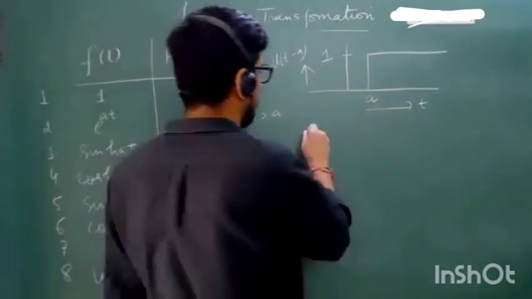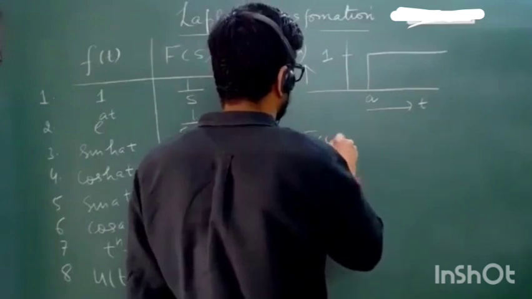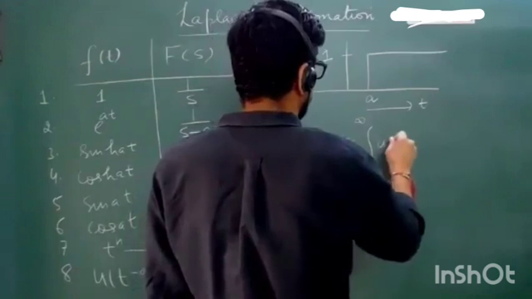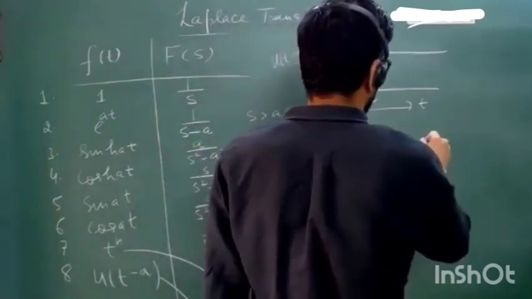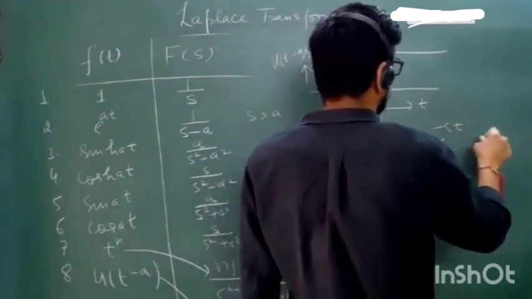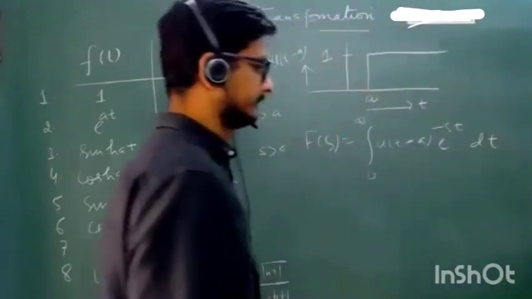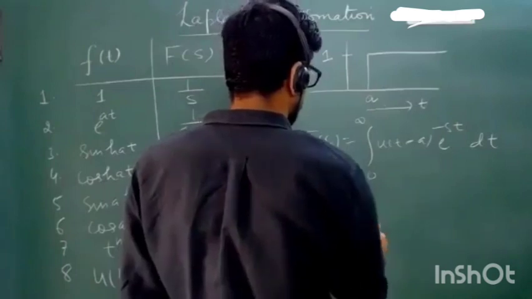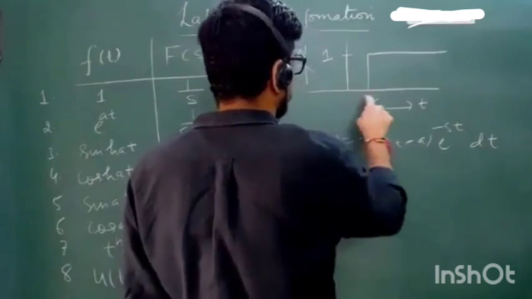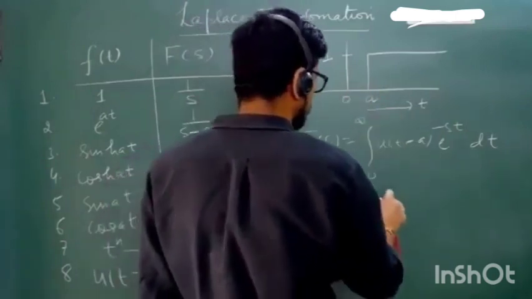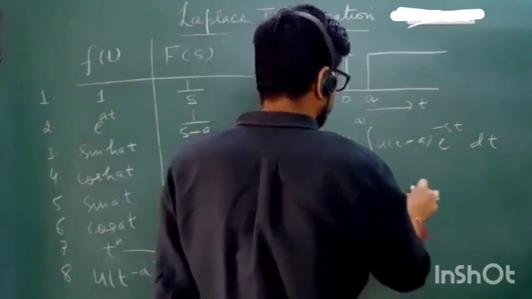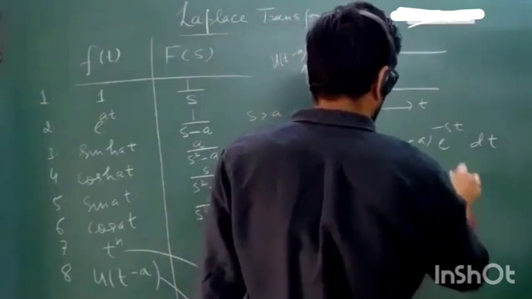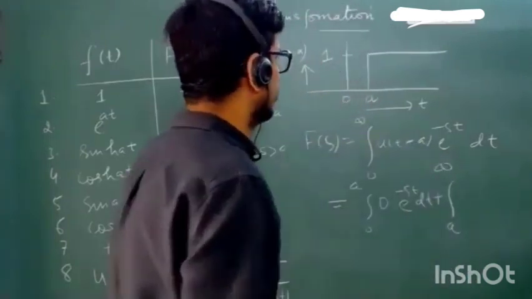Now the Laplace will be equal to the integral from 0 to infinity of u(t minus a) e to the power minus st dt. So this will be 0 to a. From 0 to a, the value is 0, and from a to infinity, the value is 1.